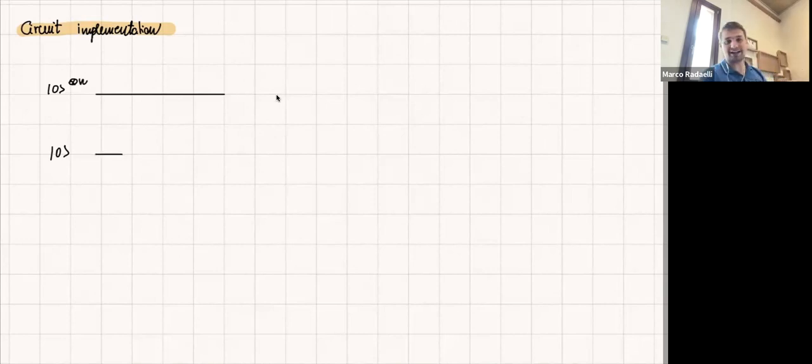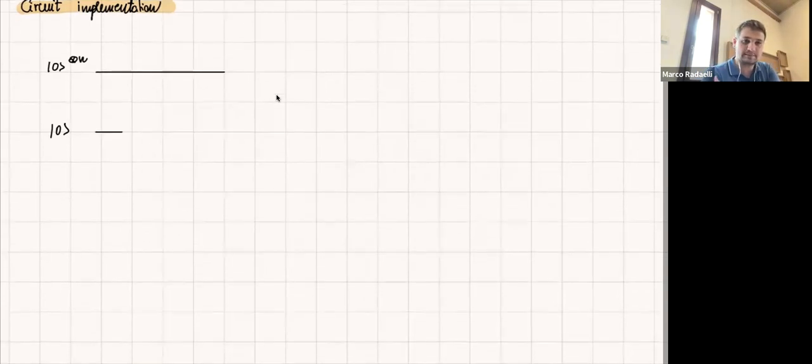We want to create a minus state from 0. Do you know how to do this? Any ideas? How do we transform 0 into a minus using the gates we know?